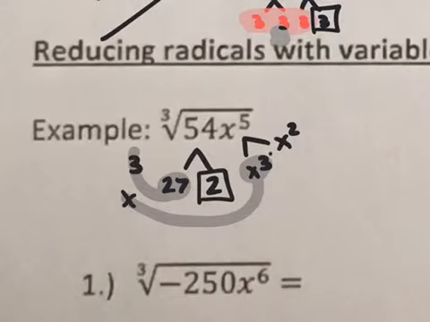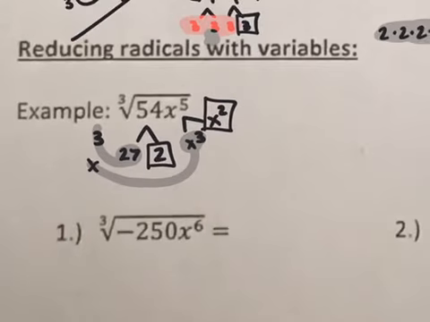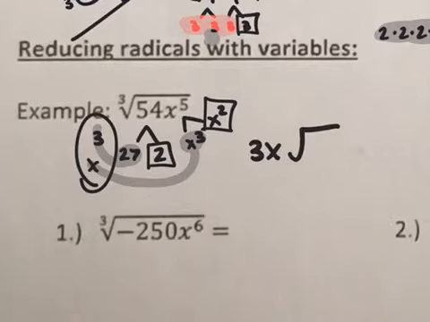This 2 in the x squared must remain. All right, so on the outside, if we follow the ends of our arrows here, a 3 made it out, 1 x made it out, but what's left over in the cube root is that 2 and the x squared. And you can check that you did this correctly by looking at your inside portion and making sure there's no more perfect cubes or groups of 3.